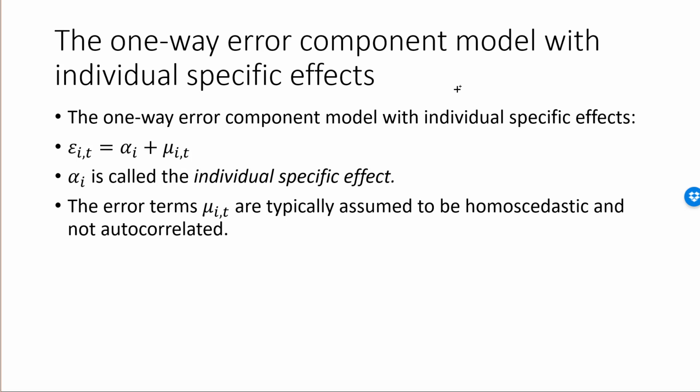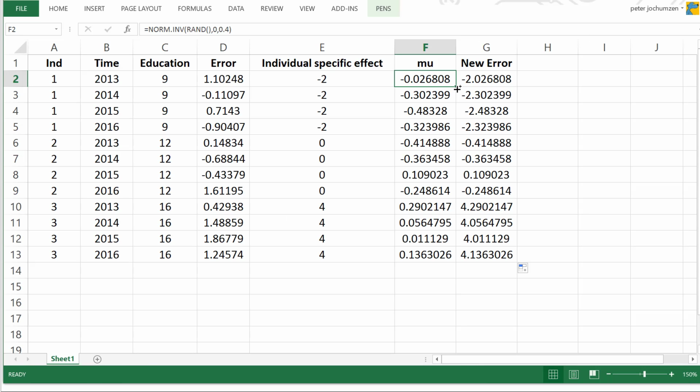So that could represent, for example, factors that affect the value of the house which are not included among the explanatory variables. So alpha i could, for example, be positive for a house that has a wonderful view. So the individual specific effect is a factor that's connected to the individual which doesn't change over time.